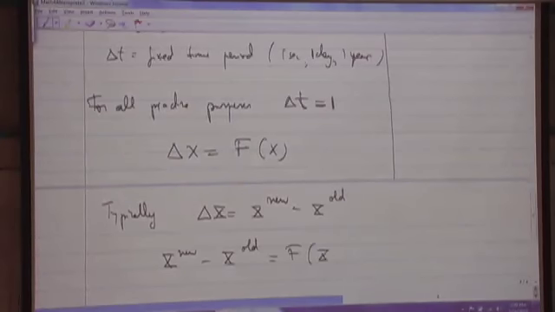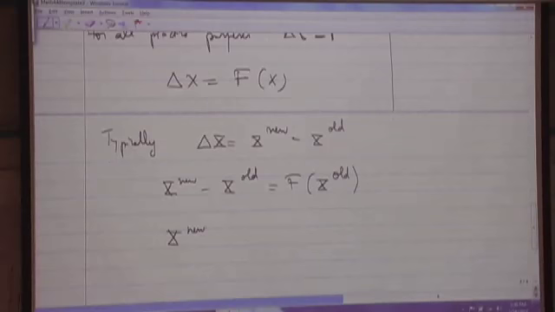So what you see here is that because the model comes as a change, delta x given as a function of x, when you compute the new state, what you're going to see is x old plus f of x old. Okay?